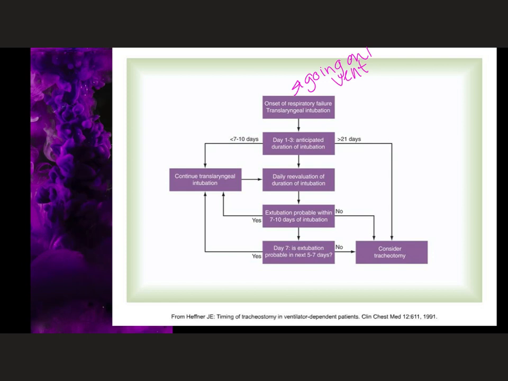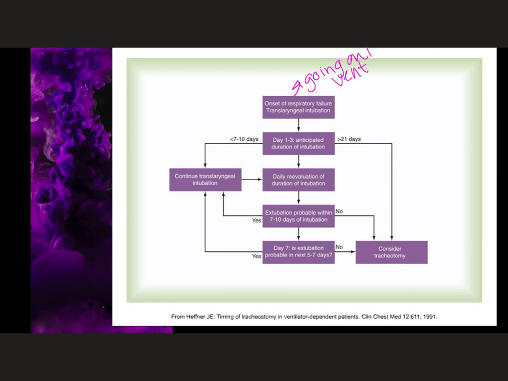So that was a lot of information. What I want you to know is we are going to constantly reevaluate every few days. We're going to look at the patient physically, see how they're doing. We are going to look at ventilator settings. We are going to look at whether there are other things going on with the patient.